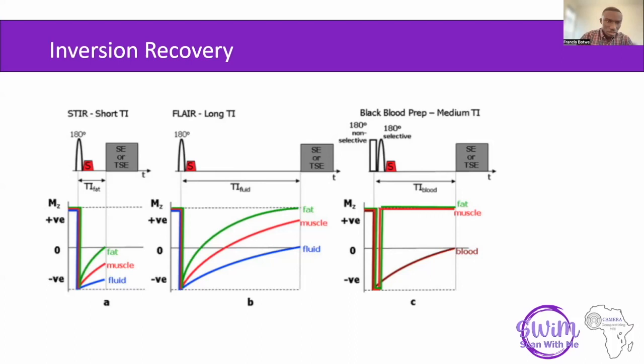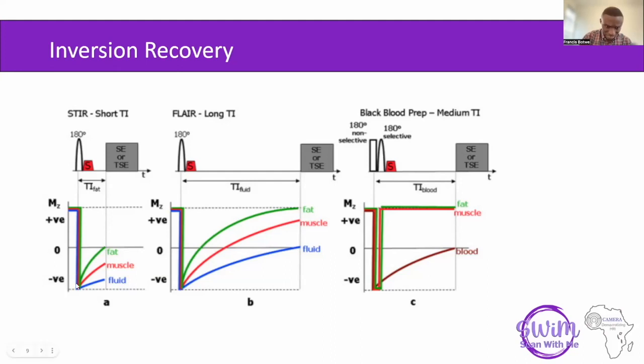All right, as you can see on the diagram, let me throw more light on how the inversion recovery comes about. You can see on diagram A that fat on the longitudinal magnetization axis is at 0 after using the 180-degree inverting pulse.